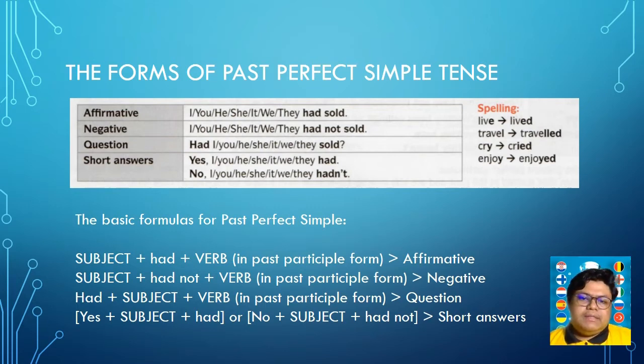However, there are some words we consider to be irregular verbs. Okay, so for irregular verbs, then you need to remember the list of words. For example, like the word cut. Okay, there is no past tense form or past participle form for cut. It's the same whichever you look at it.